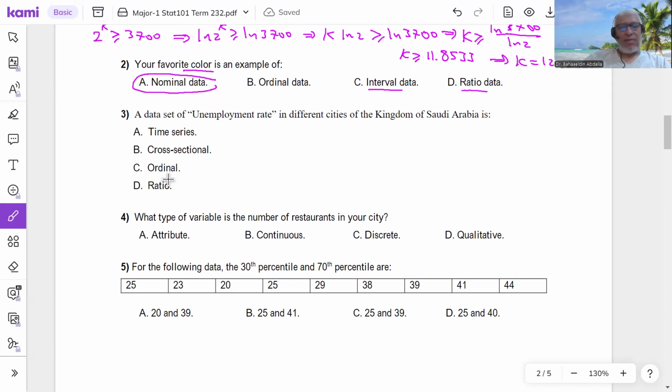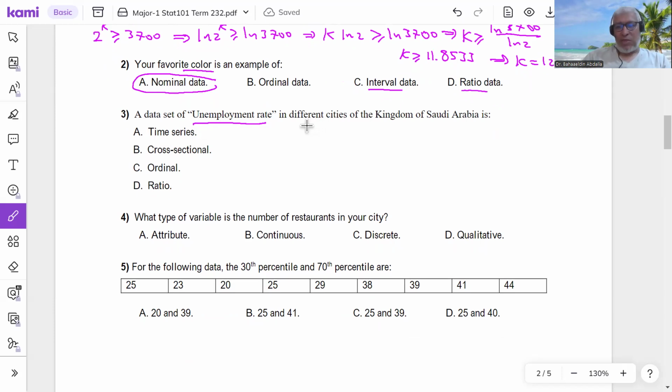A data set of unemployment rate in different cities of the Kingdom of Saudi Arabia is, okay, unemployment rate in different cities of the kingdom. Is it time series? Well, it would be time series if it is taken every year, for example, or every month.